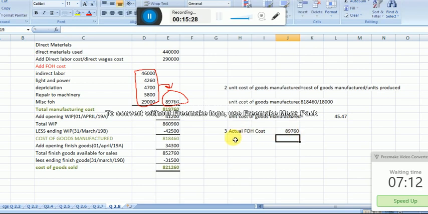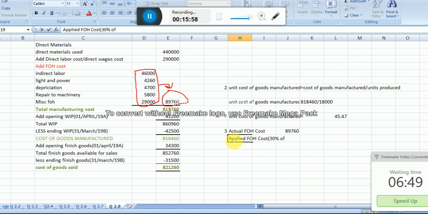Okay. What is our applied FOH? Applied means how much the company was considering. So that is called applied FOH cost. The company applies 30% of direct labor cost.